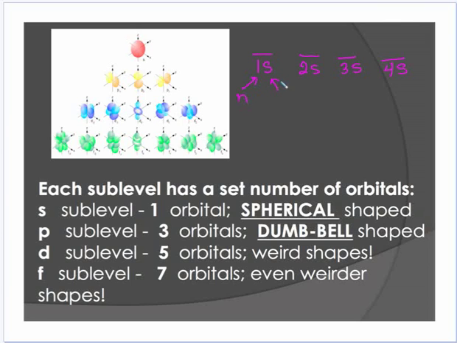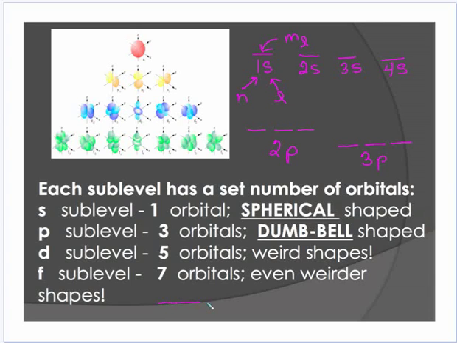So this is n, that's L, and that's our M sub L. The line is what we're using in our model. A P has 3, and it's going to have 3, whether it's a 2p. Remember, you can't have a 1p. They don't exist. It's too close to the nucleus. Or a 3p. It's still going to have 3. And so on and so forth.